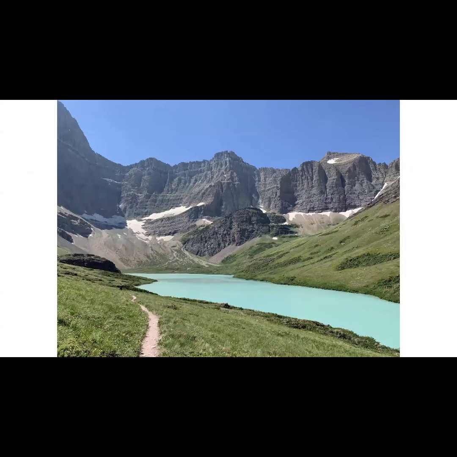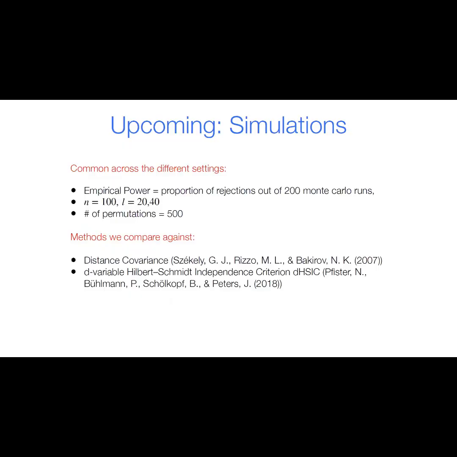So again, I think I will skip this picture and show you some simulations. Again, it's the very routine way we did the simulations. We are calculating the proportion of rejections out of 200 Monte Carlo runs. We take n equal to 100, and wherever applicable, we take the dimension to be 20 and 40. And we use 500 permutations to evaluate the cutoffs.